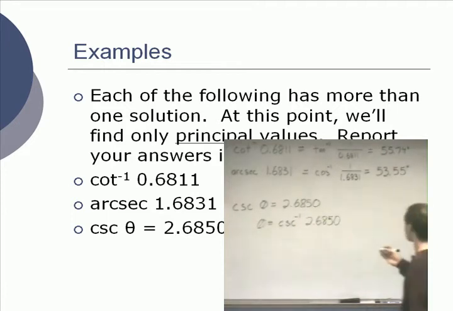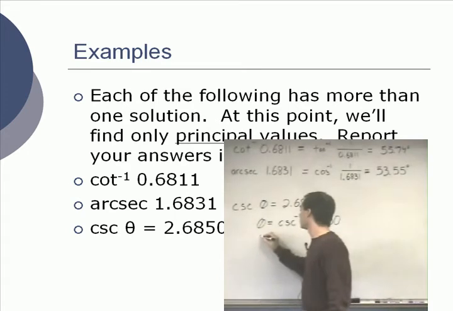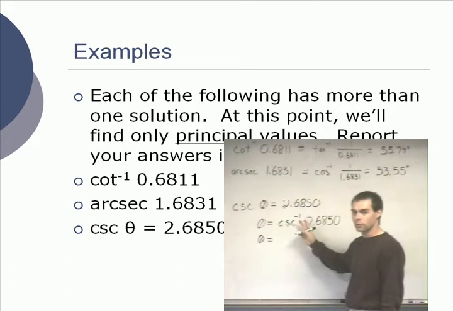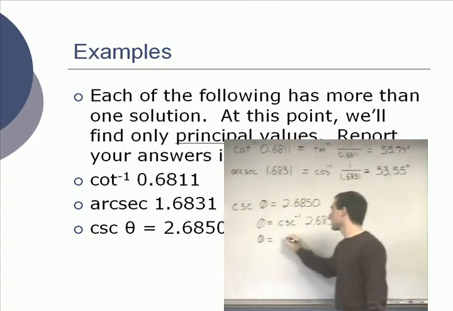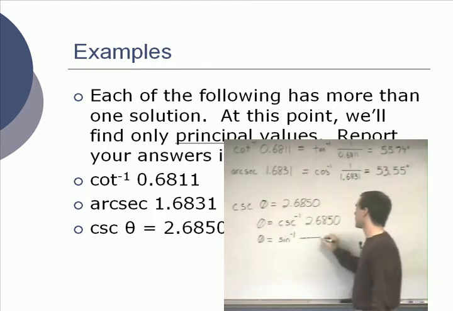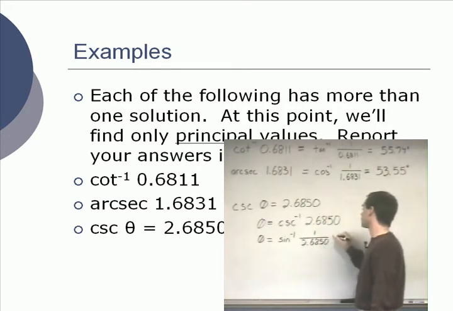That means theta is not inverse cosecant, that's no good. We're going to have to write it as inverse sine, its reciprocal function, of the reciprocal, 1 over 2.6850.